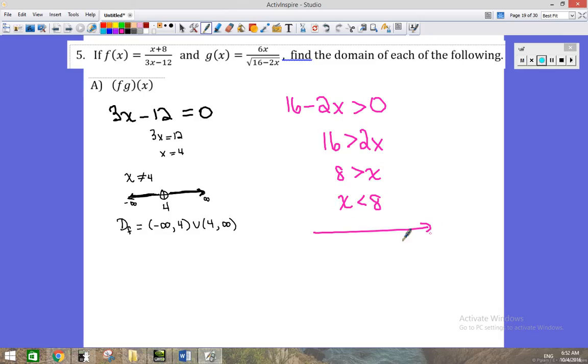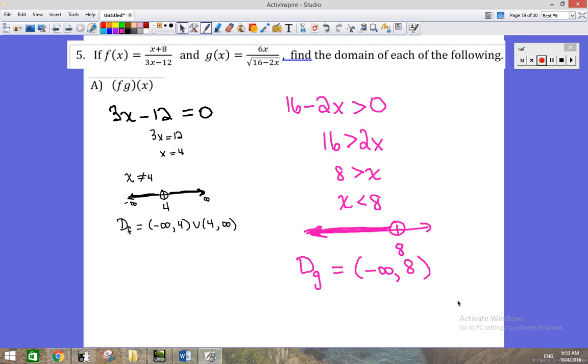On a number line, we have 8. Less than 8 is to the left. So the domain for g is from negative infinity all the way up to 8, but not including 8.